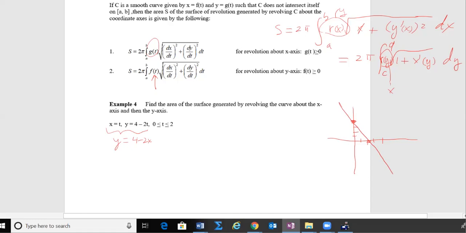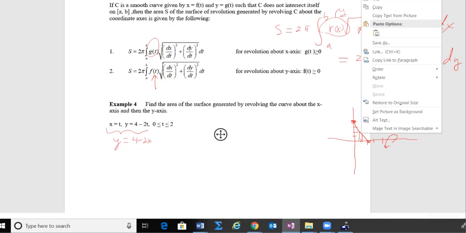Okay. So for t between 0 and 2, we really actually only have this portion to this portion. And it's revolved about, let's do the x-axis first, so coming around this way. Okay, so we have this situation.